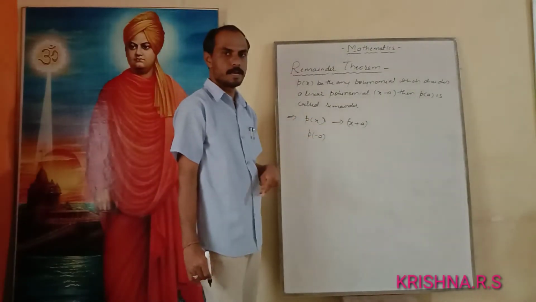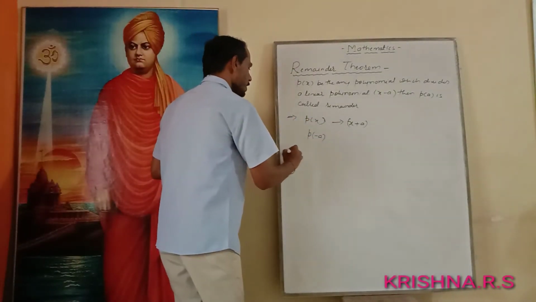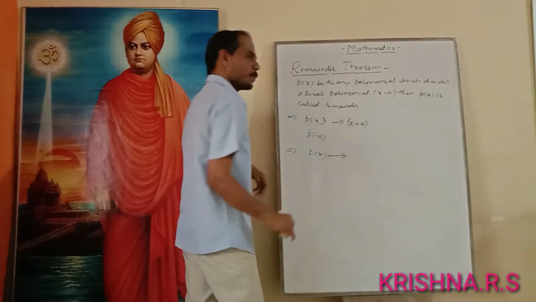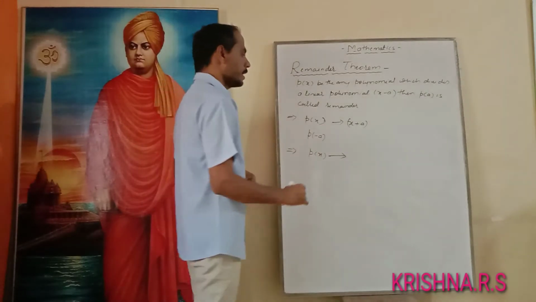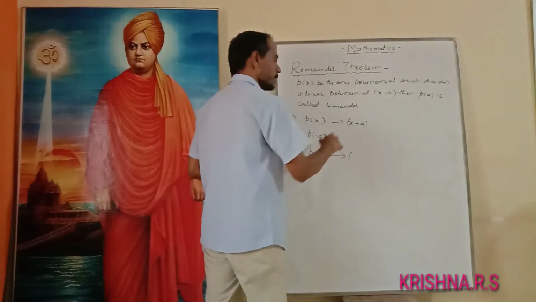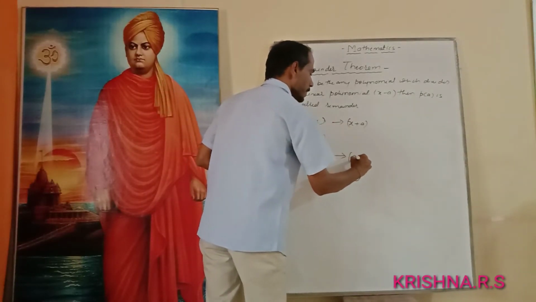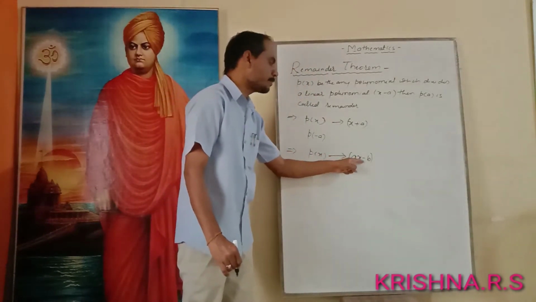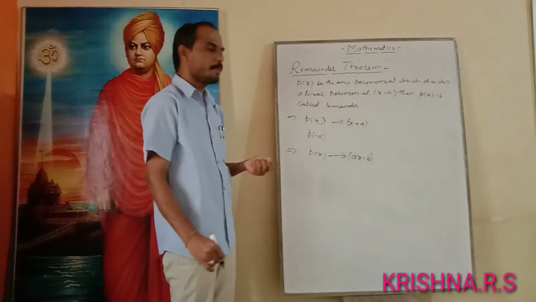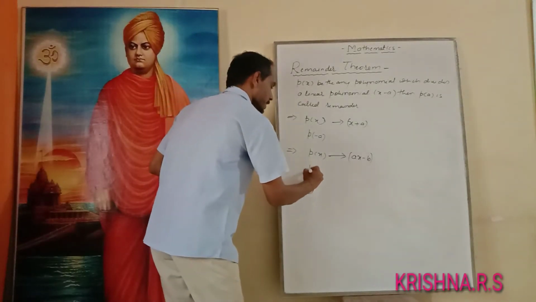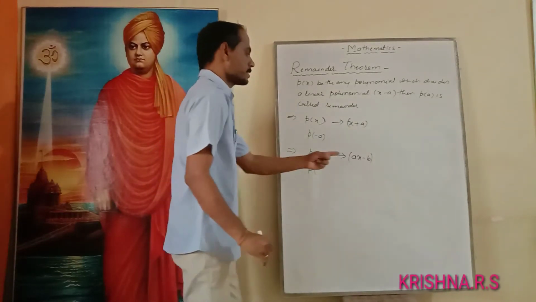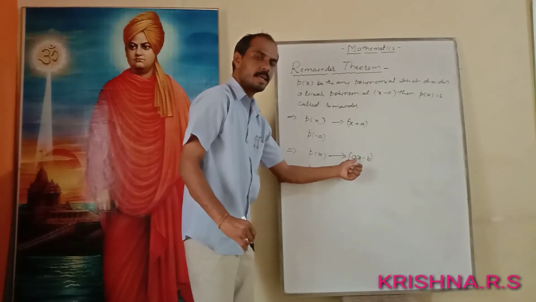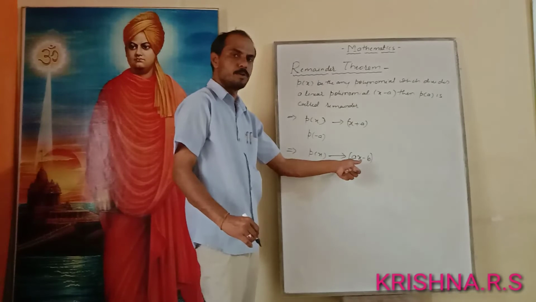Suppose P of x is any polynomial which divides the linear polynomial ax minus b. What is the remainder? Here ax minus b is a linear polynomial, no?